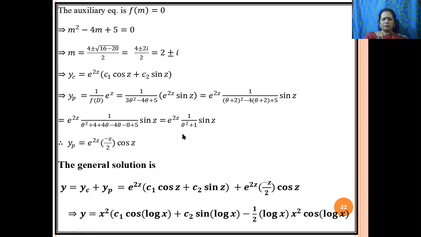In terms of the trigonometric function, if it is any cos theta or sine theta, from theta square, we have to replace theta square by minus 1. Then after that, you have to simplify this. Theta is a differential operator; according to that, you have to simplify this.